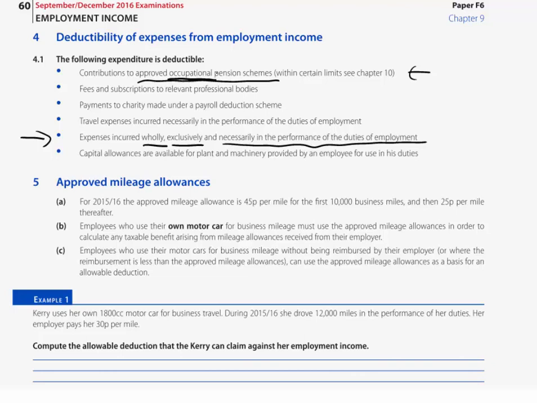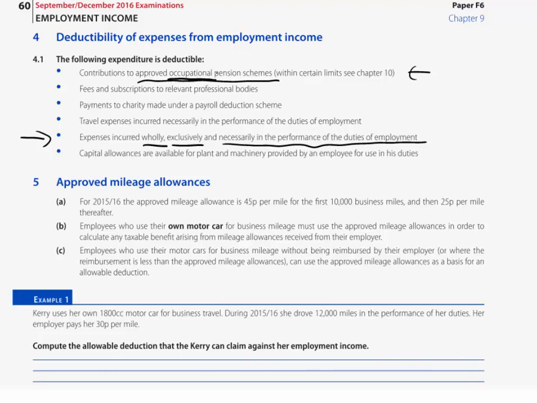This will therefore serve to reduce the amount of net employment income to include as your employment income assessment.